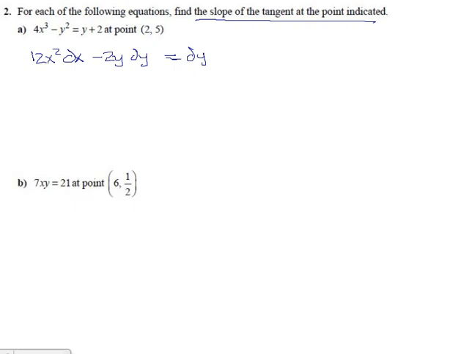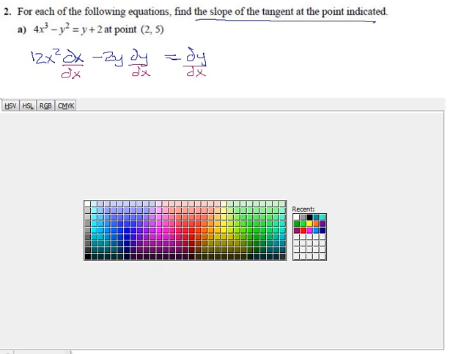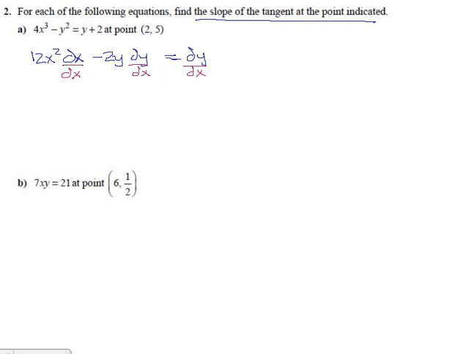Okay, so we want dy/dx, which means we divide every single one of these by dx. And with that done, we have 12x squared minus 2y dy/dx equals dy/dx.